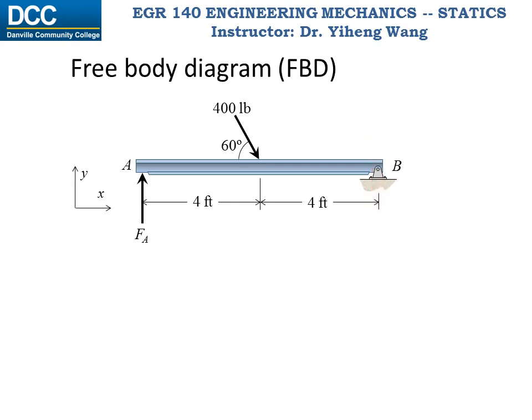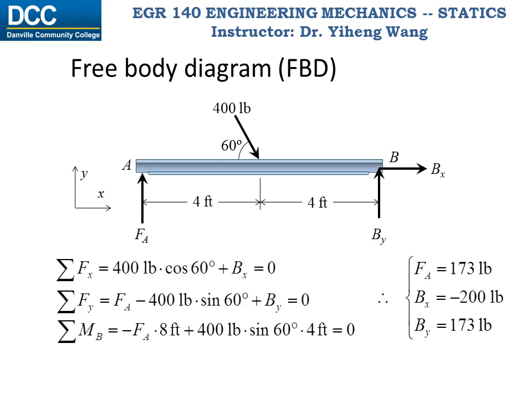Therefore, the support reactions are two forces along these two lines. We can first assume them to be in these drawn directions. Now we have three unknowns. We can write the three equilibrium equations to solve for them. Note again, here we have a negative force, indicating the direction of this force is opposite to what we originally assumed.